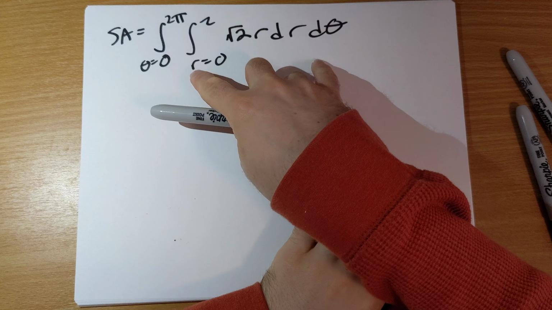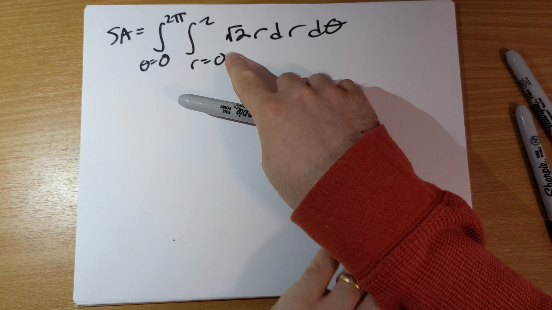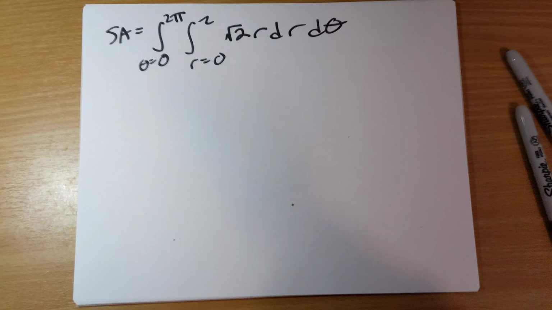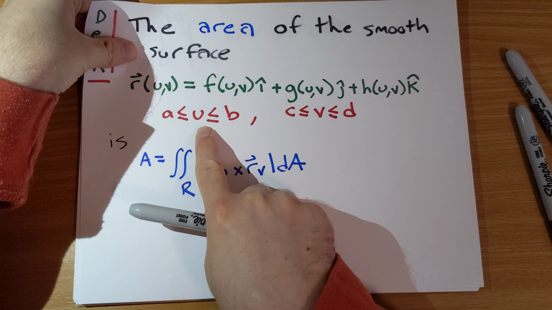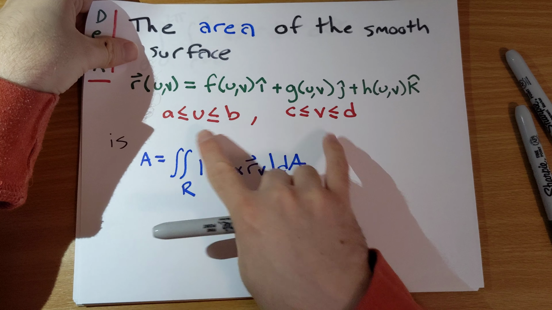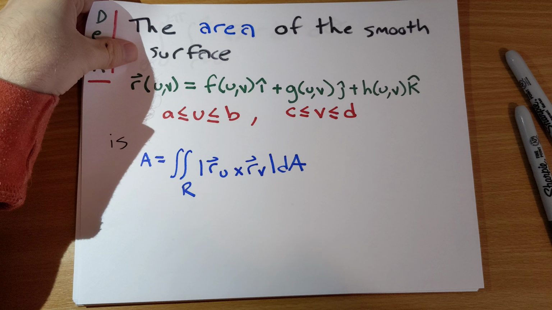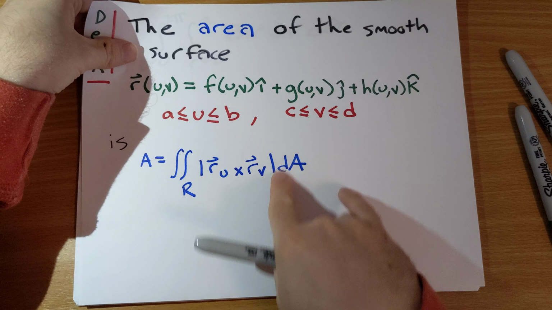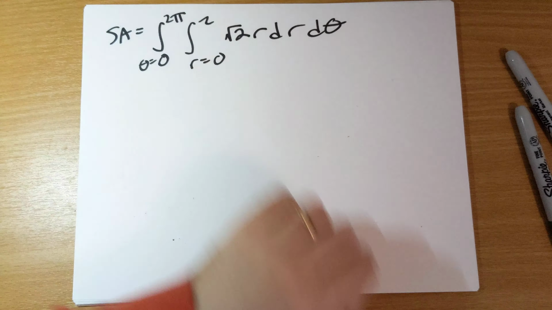You know, we had a double integral in terms of x and y, we're converting to r and theta. We don't throw in another factor of r here. So the way that this is constructed is, once we make the choice to use r and theta here for u and v, there's no extra factor thrown in there. The extra factor comes from the magnitude of the cross product here.